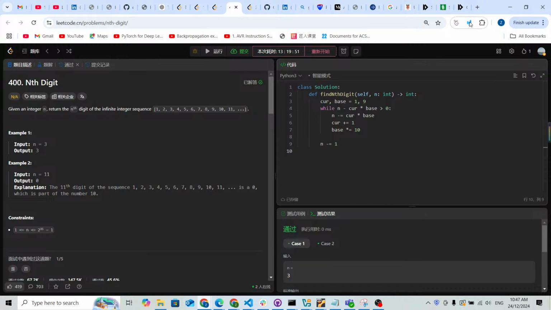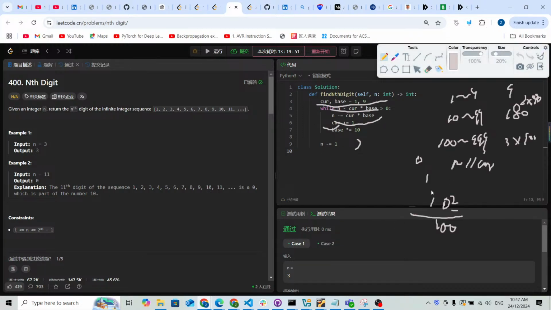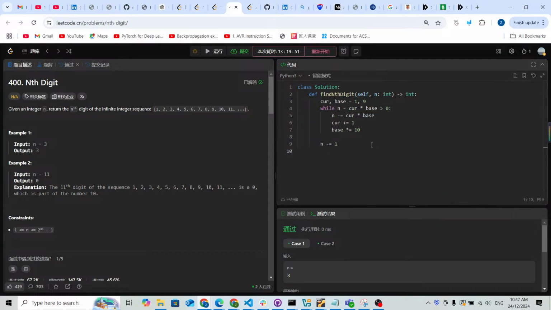This is because all our indexes start from index 0, so we do the trick n minus 1, and then we're going to check this number. This number is going to be 10 to the power of current minus 1. So in our example, for example, current equal to 3, 3 minus 1 is 2, 10 to the power of 2, so it's going to be 100.